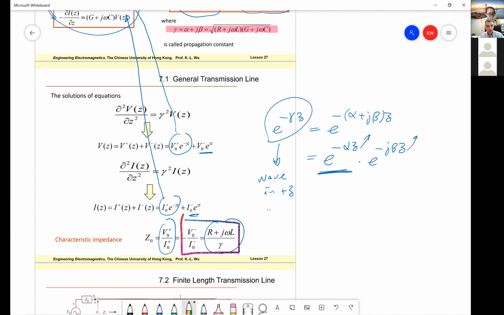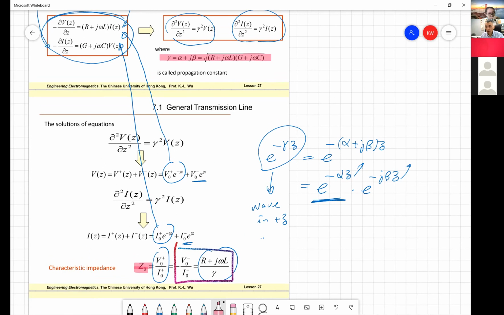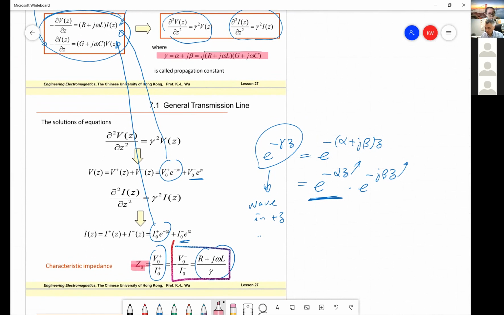Therefore, we have found another important property. So far we have two important properties, 1 and 2, to describe a transmission line.